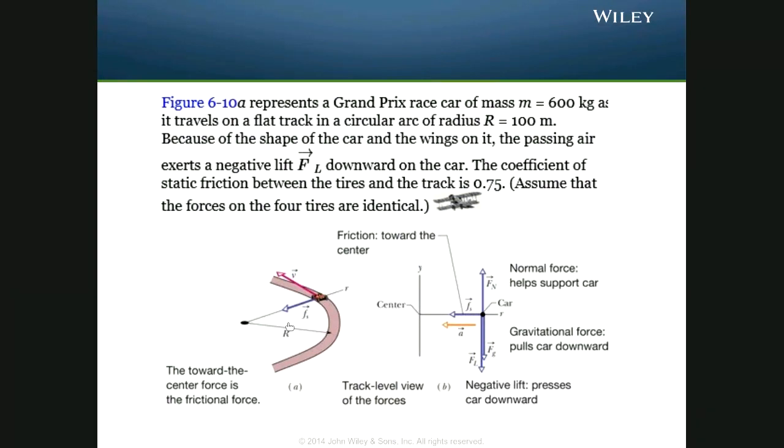So let's take a look here. Before we even answer the question, let's set up the equations first, because it doesn't even matter what it's asking. We know we're going to have to do that. So let's look here.